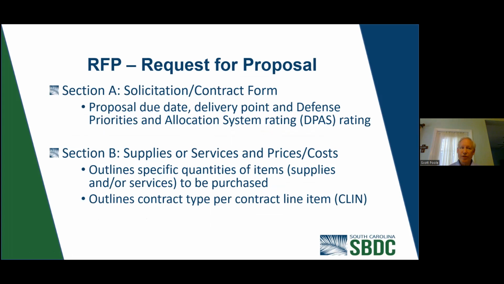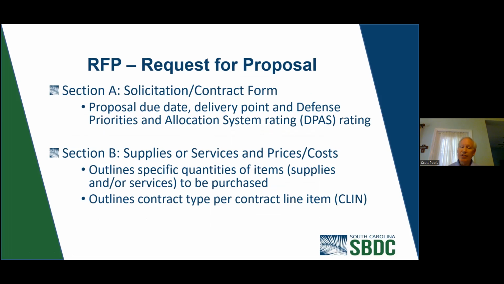And it'd be good to get started. Let's look at those different sections. Section A is the solicitation contract form. That tells you the proposal due date and delivery point, and if there are any defense priorities and allocation system ratings, they'll show on there too, but that's for special cases. Section B is the supplies or services and the price cost.